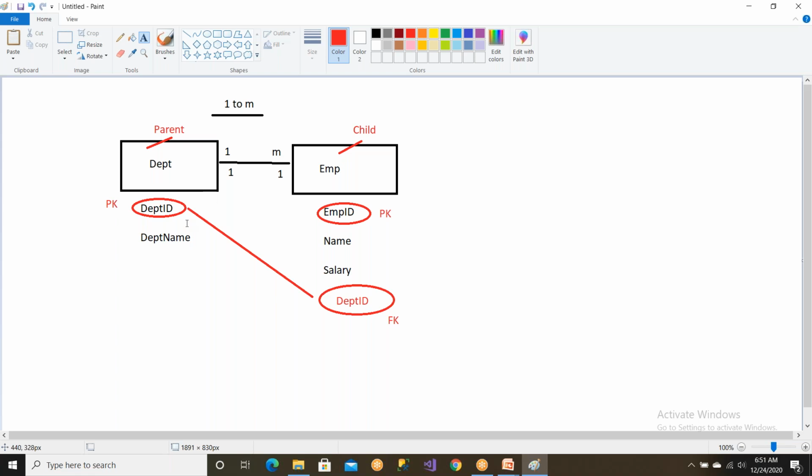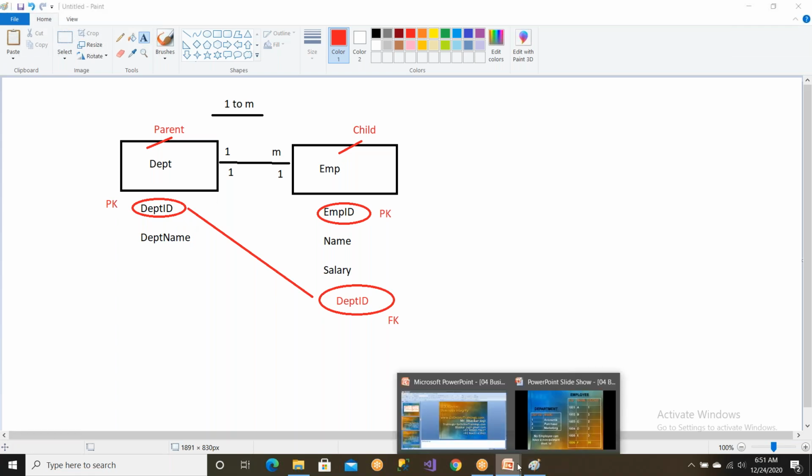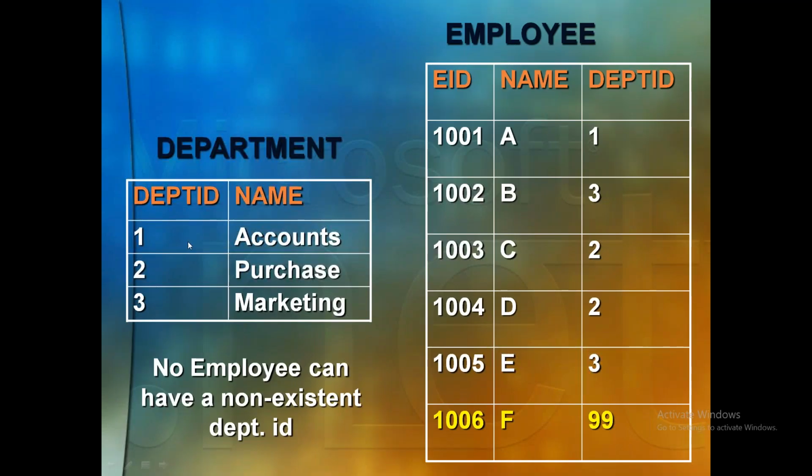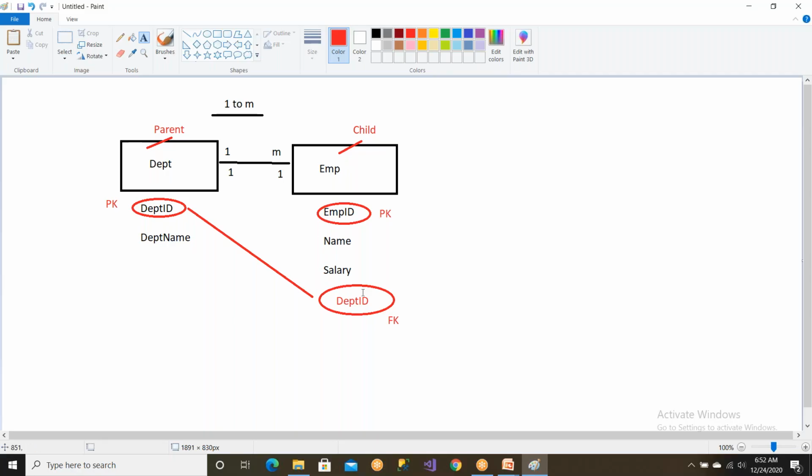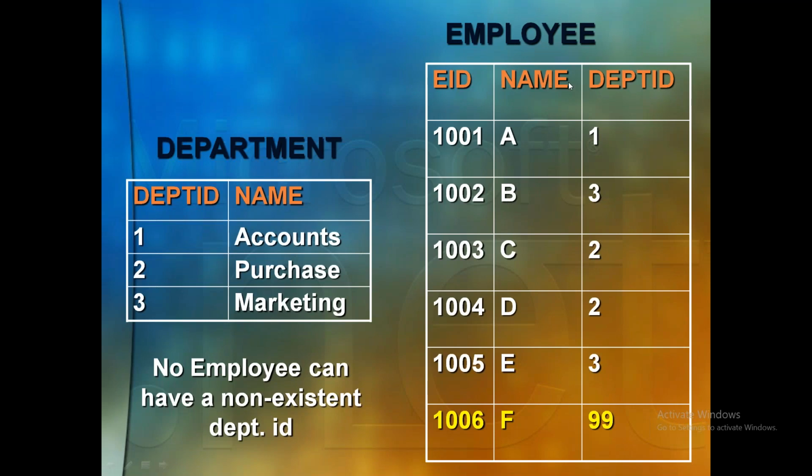This is the table structure I'm talking about. A department table with 1, 2, 3: accounts, purchase, and marketing departments, then the department name, and an employee table with employee ID, name and department ID. I am entering the data. This is a one to many relationship, and the foreign key is perfectly created. This is the parent table and this is the child table.